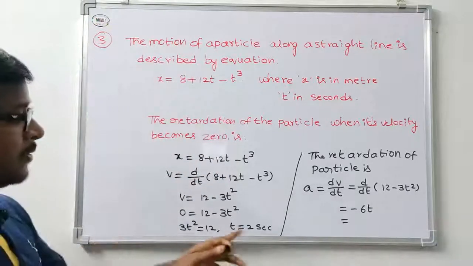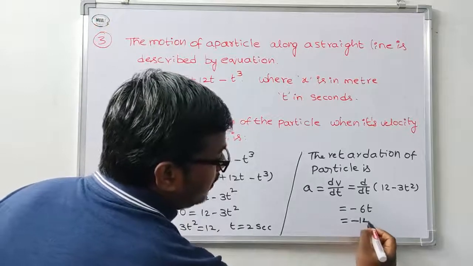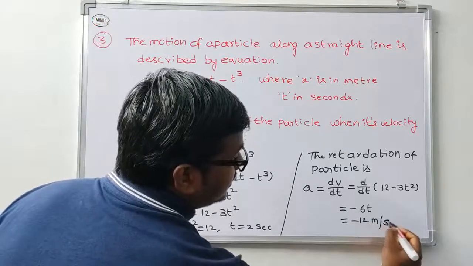Here t = 2 seconds. 6 times 2 is 12, so the answer is −12 meters per second squared.